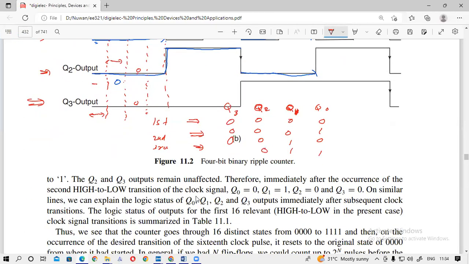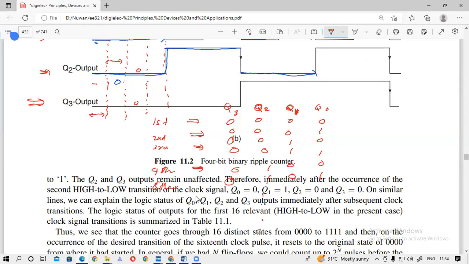And the fifth one, 0, 0, 1, 0. And if you check the sixth cycle, you can see that it will be 1, 0, 1, 0.